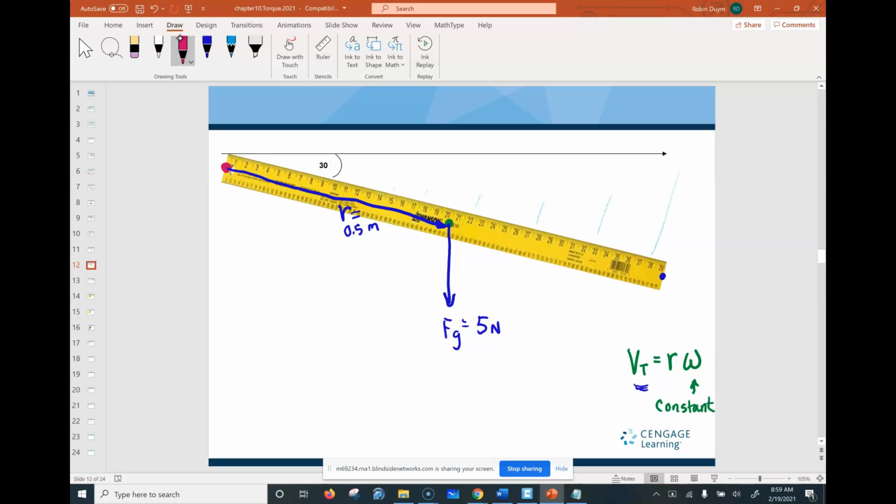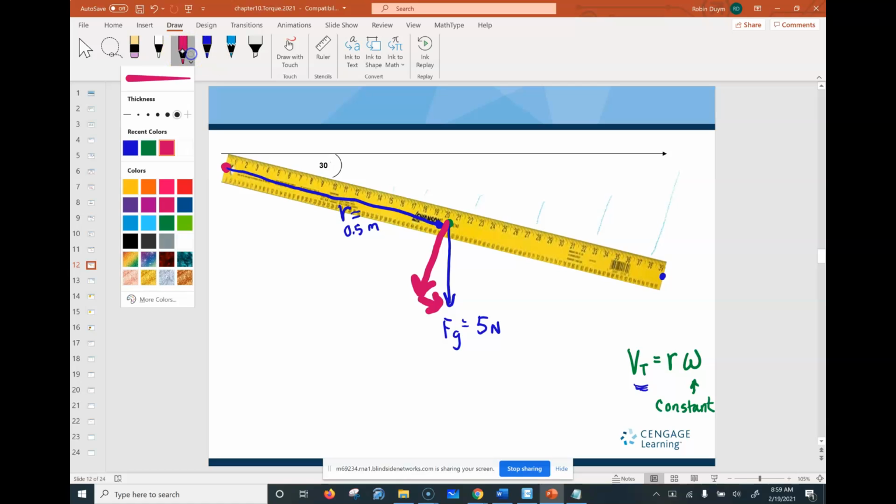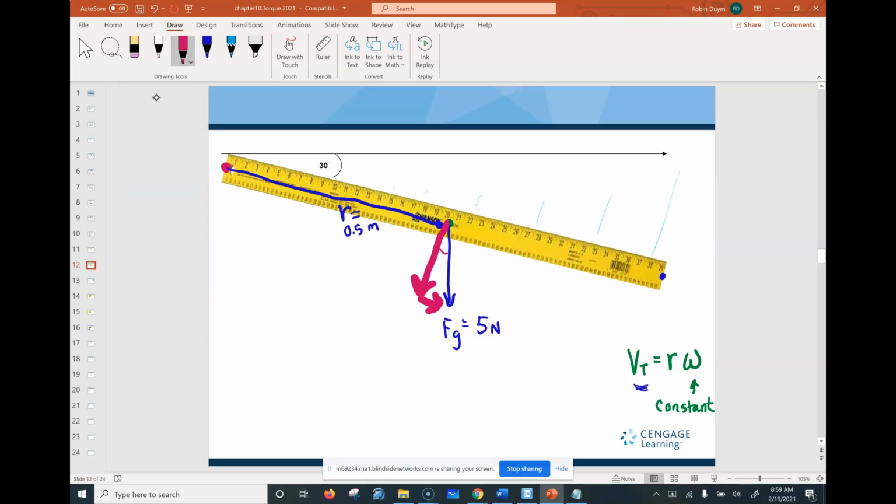You can break up your force, right? And what would this angle be if you broke up that force? Got to do some geometry.